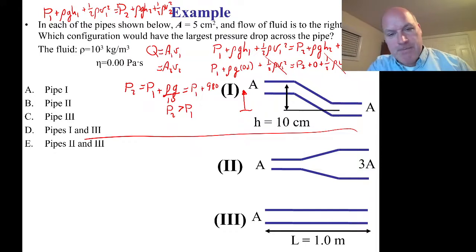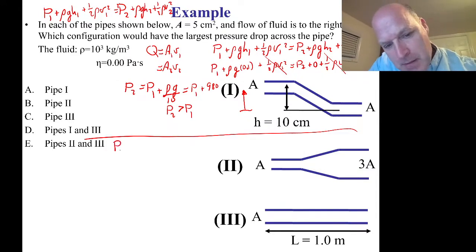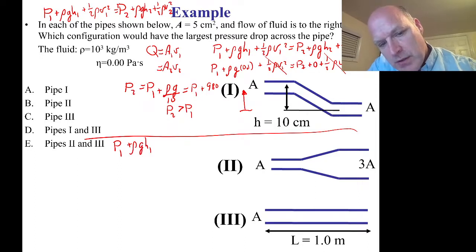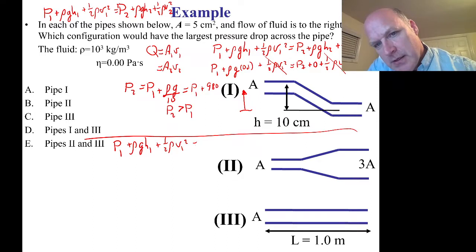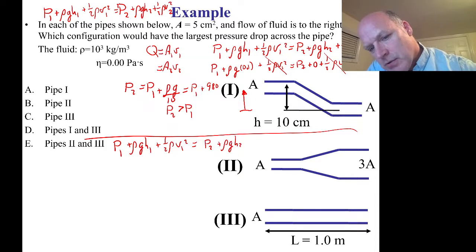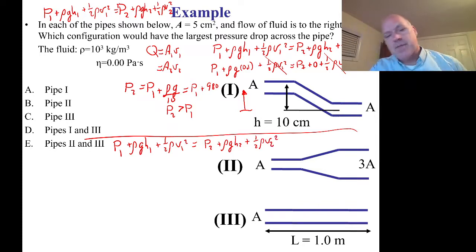The next one: P1 plus rho GH1 plus 1/2 rho V1 squared is equal to P2 plus rho GH2 plus 1/2 rho V2 squared. So what do we do?